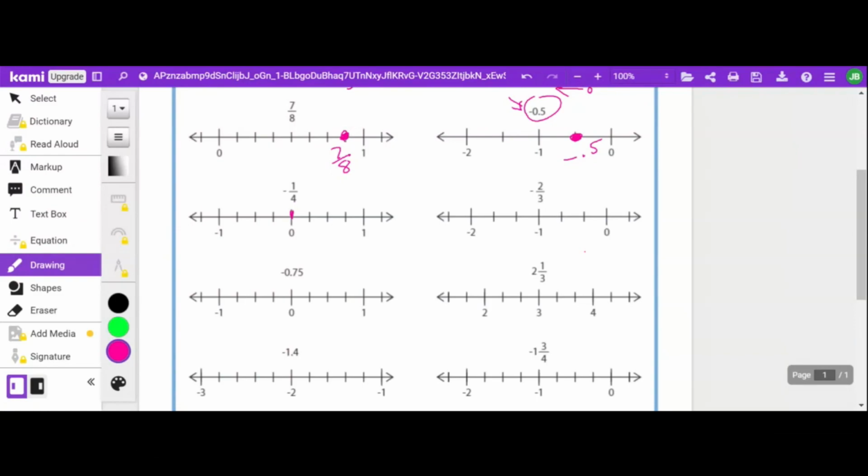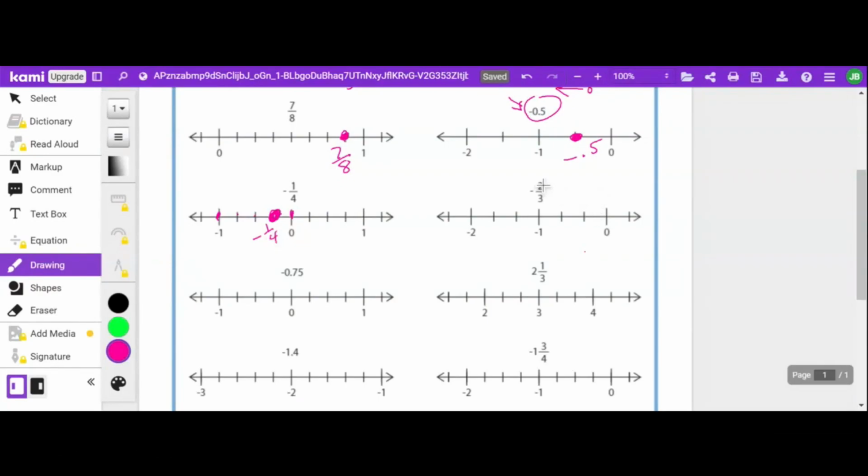Okay, if I move 4, I would be moving 1, 2, 3, 4. That would put me here. So negative 1/4, each one of these markings has to be a fourth, since there are 4 spaces. So negative 1/4 has to be 1 hash mark over. So this is at negative 1/4 right here.